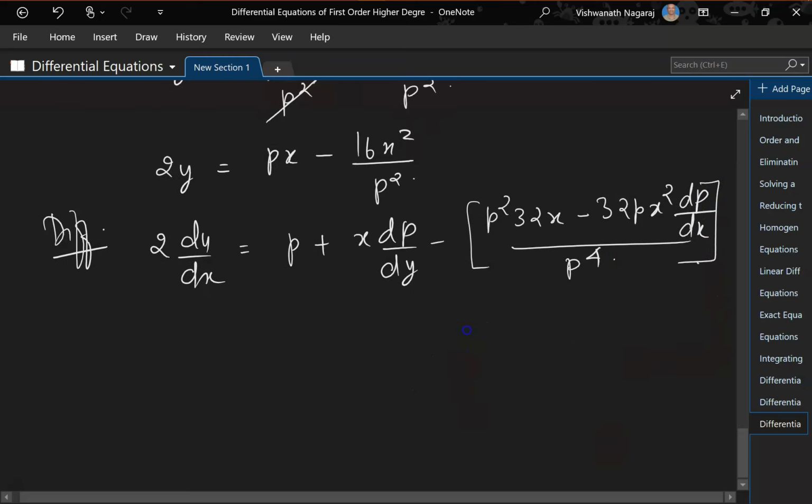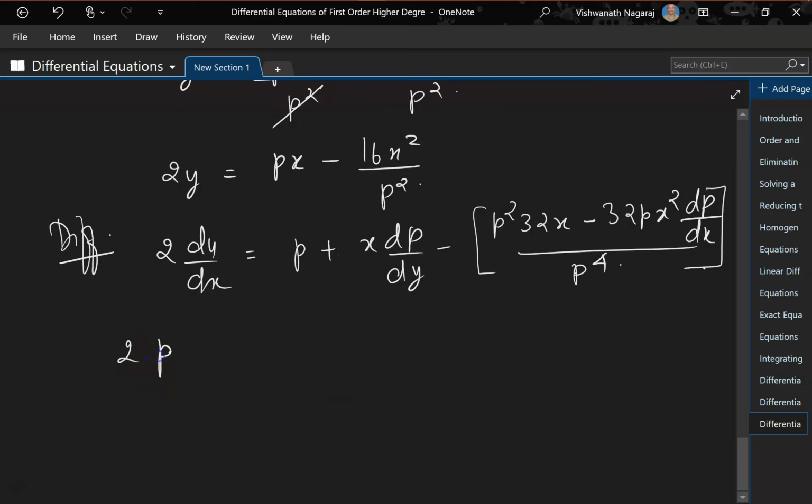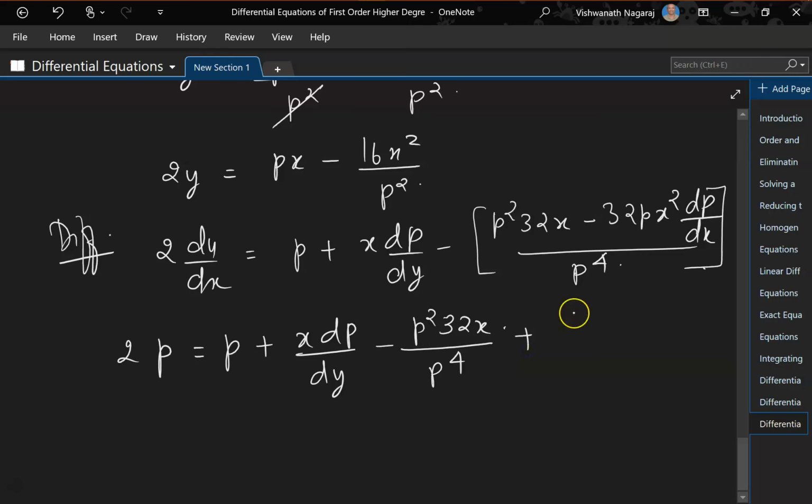Okay, now this is nothing but p is equal to p plus x dp by dx. Let's split this, so minus p square 32x by p4 plus 32px square by p4 dp by dx.